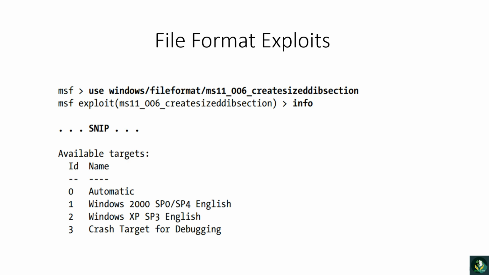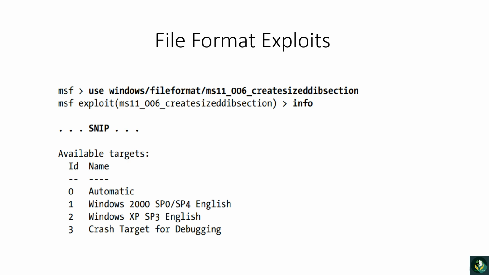In a traditional file format exploit, you could leverage anything to which you think your target will be susceptible. This could be a Microsoft Word document, a PDF, an image, or anything else that might be applicable. In this example, we will be leveraging MS11-006, known as the Microsoft Windows CreateSizedDIBSECTION stack buffer overflow.